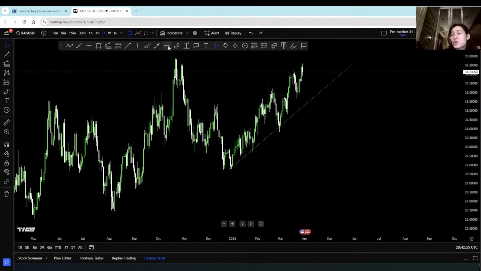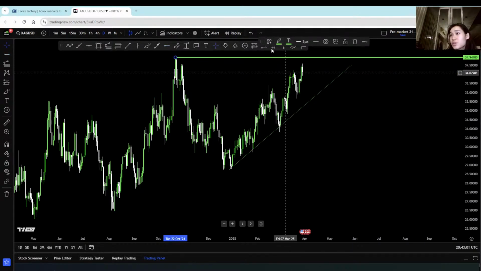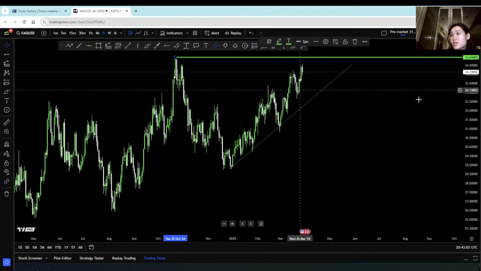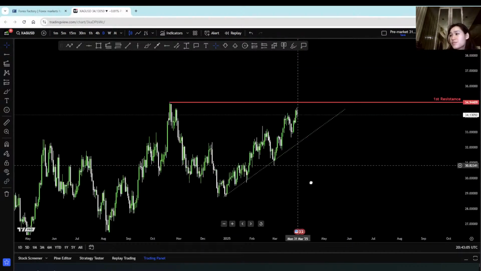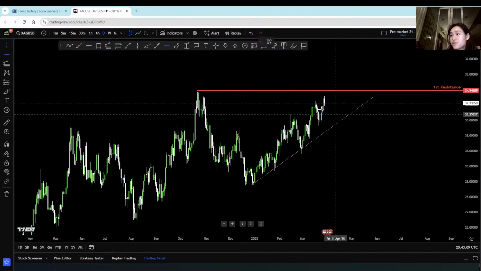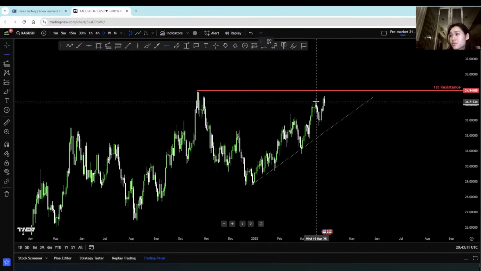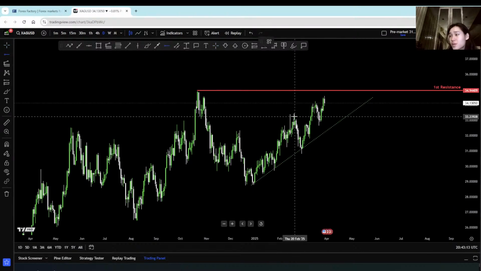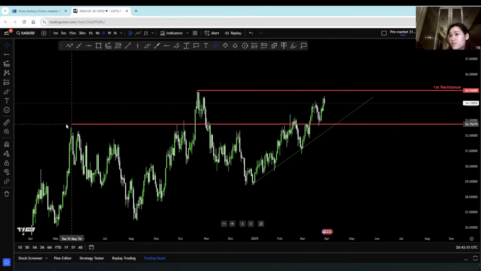Okay, so again, going in with support and resistance levels first. This will be my first resistance. My first support over here.